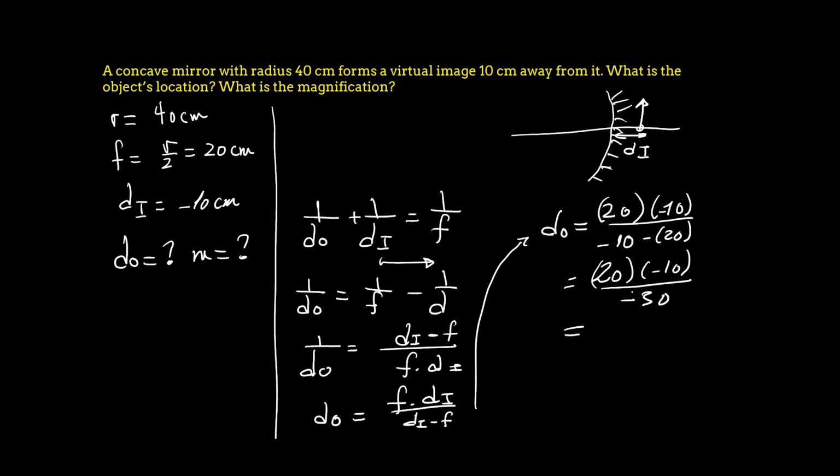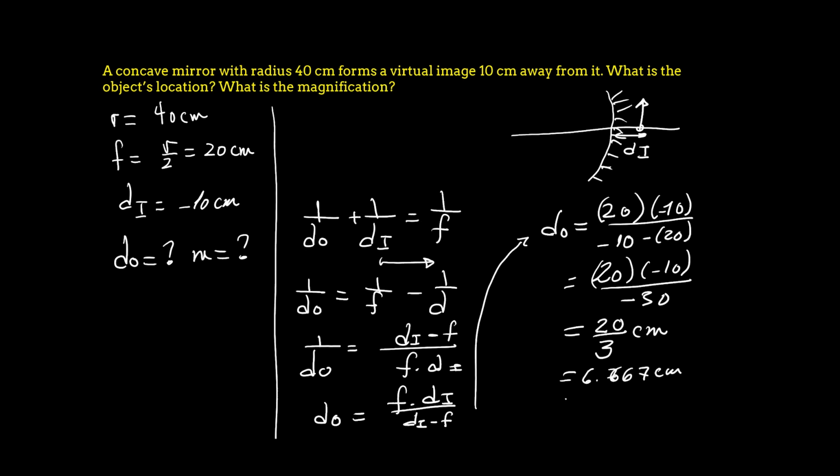So the negatives cancel out, and I get 20 over 3, not roughly, exactly 20 over 3 centimeters. So that's roughly 6.7 centimeters.